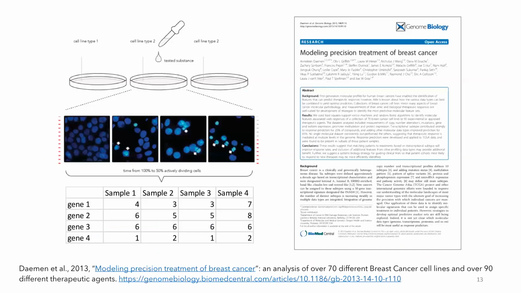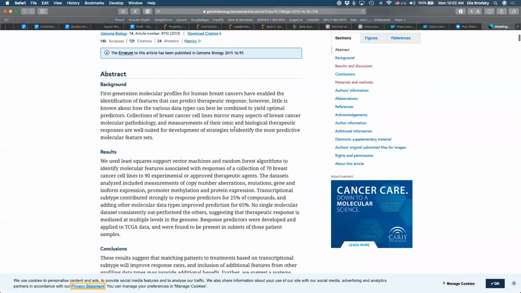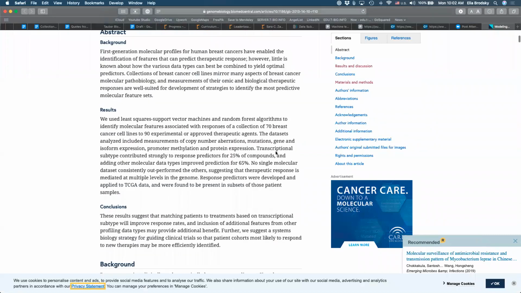And so, for example, when we looked at this modeling precision treatment of breast cancer study, we can look at this publication. Just by reading some of the words mentioned in this abstract, we can see how the types of things that we have looked at in the context of this program are actually going to be relevant to these types of studies. So let's just take a quick look at what it says.